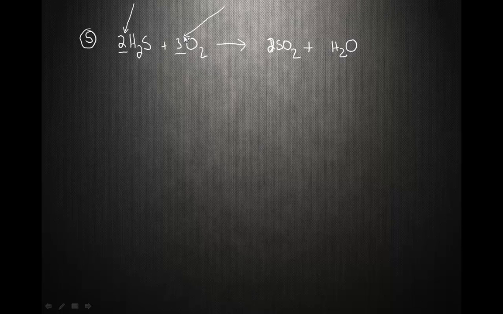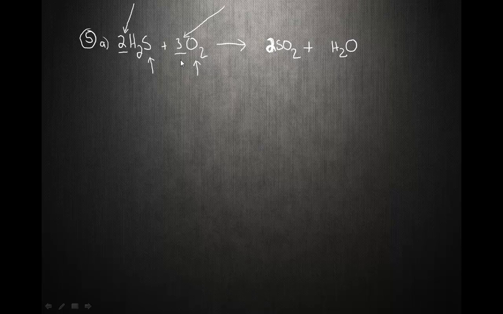So now what you want to do is balance, and I guess we'll call this 5A. You just want to balance, now that you've got these numbers here, just the atoms that were involved in the oxidation reduction, which is sulfur and oxygen. So I'm not going to change these numbers, that's it. So on this side I've got 2 sulfur, which is why I need to put a 2 here. So I've got 2 sulfur in my reactants, and I've got 2 sulfur in my products now.